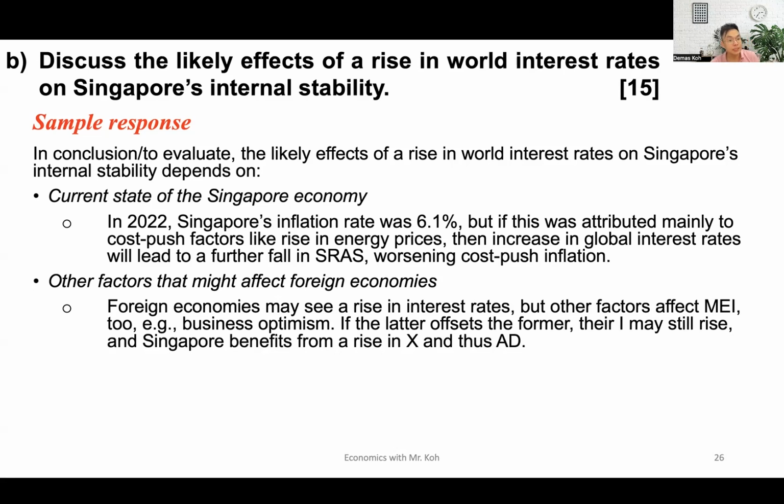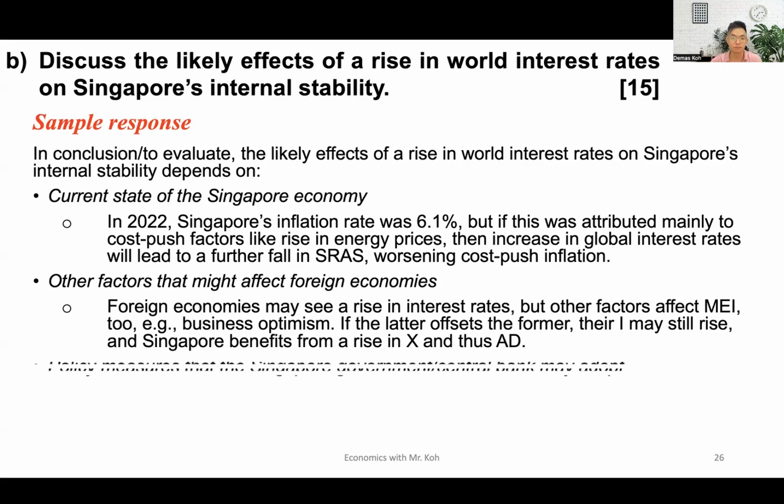So if the latter offsets the former, the foreign economy's investment expenditure might still rise, and thus they might still see a rise in national income and import from overseas, including from Singapore. So Singapore would benefit from a rise in export revenue and thus AD.